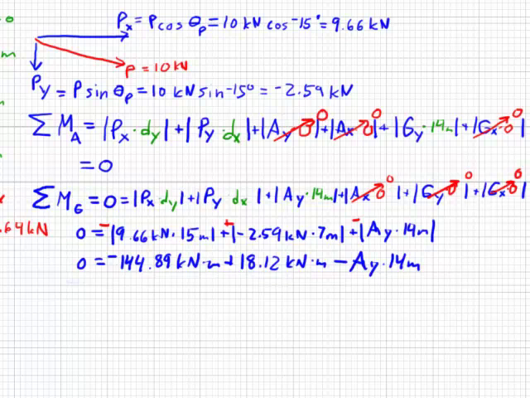Combining these two, 0 equals negative 126.77 kilonewton meters minus Ay times 14 meters. And we will add Ay times 14 meters to both sides.